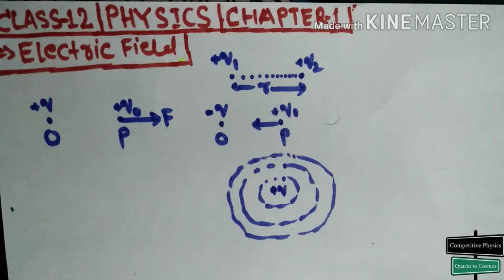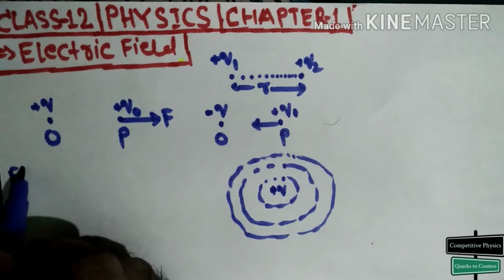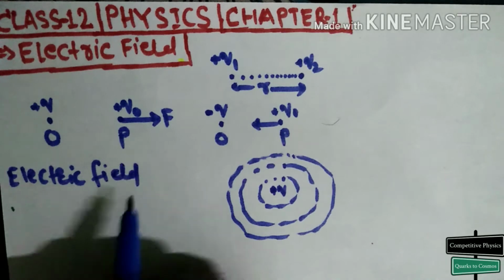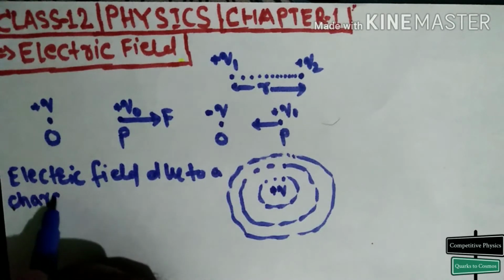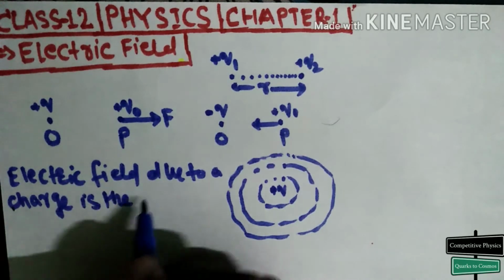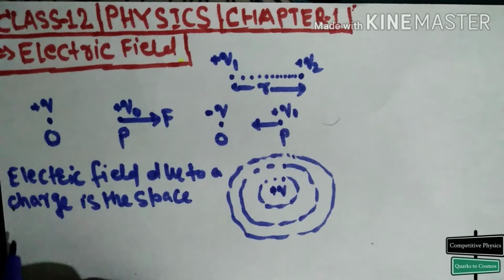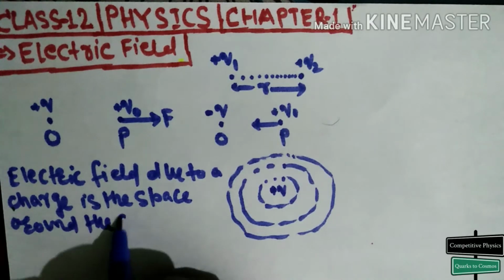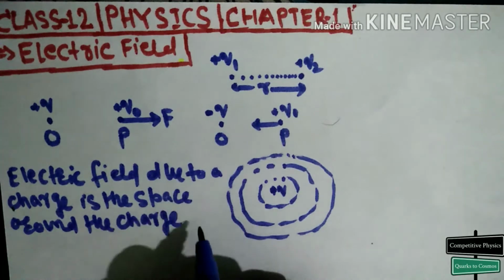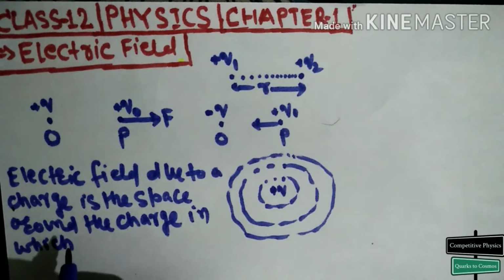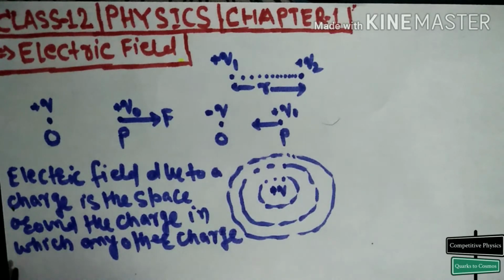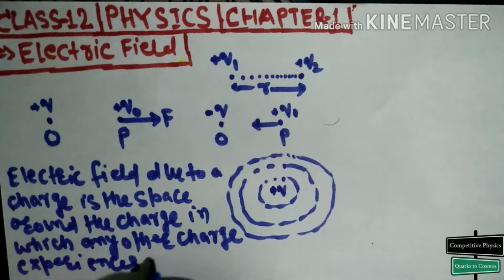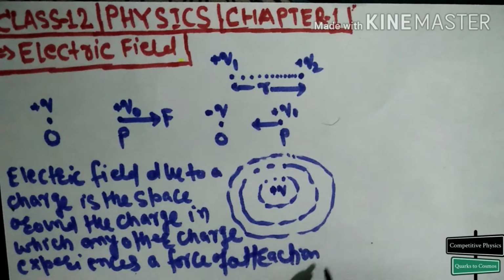Okay, so we define electric field as: the electric field due to a charge is the space around the charge in which any other charge experiences a force of attraction or repulsion.